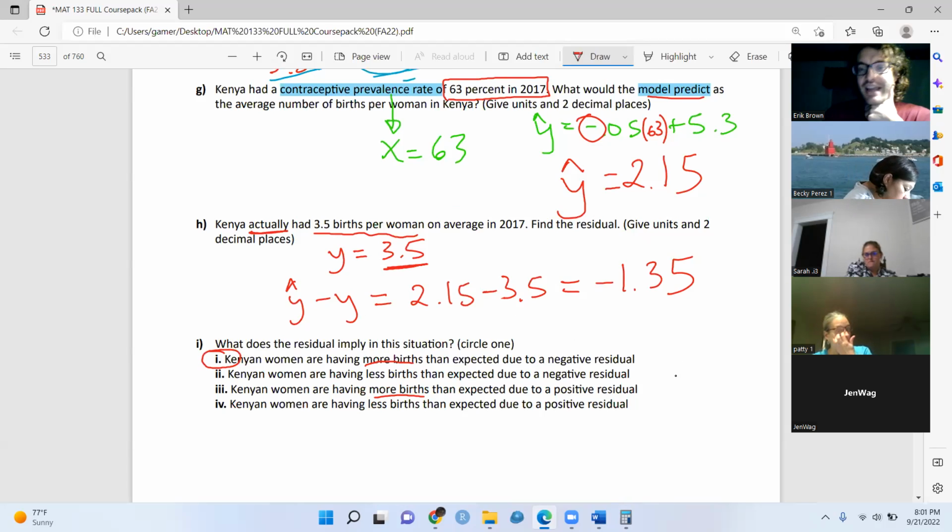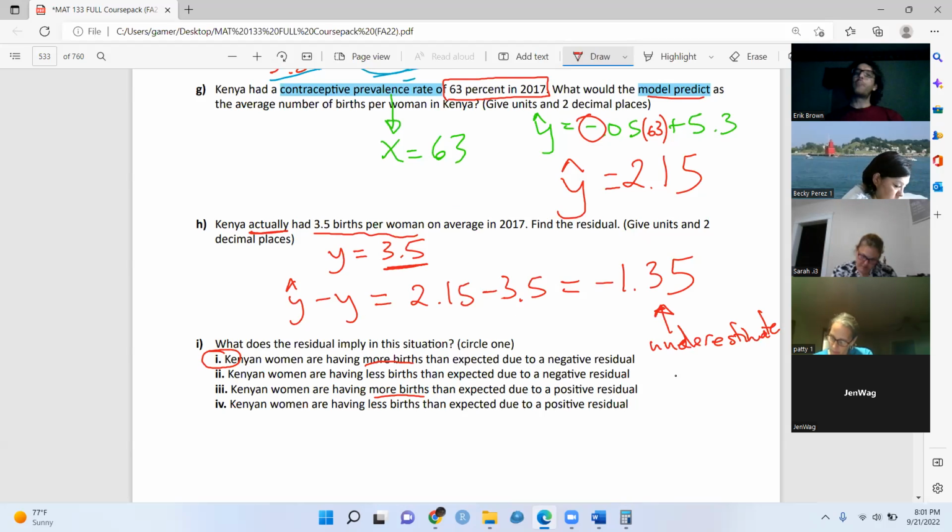So when you get negative residuals, we call that an underestimate. If you get a positive residual, we call that an overestimate. And depending on the context, over and under could be negative or positive connotations. Like, I don't know, if Kenya is trying to grow their population, then this is great.